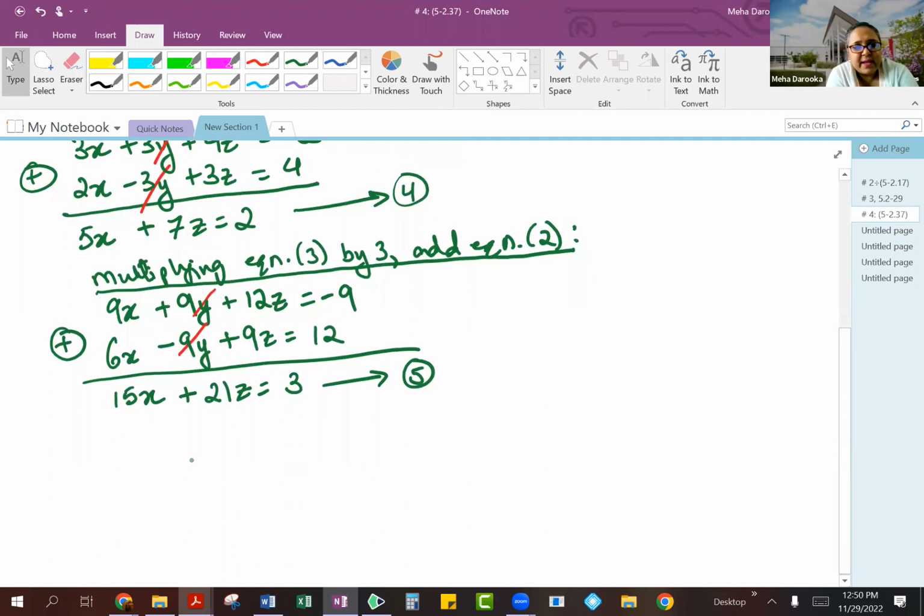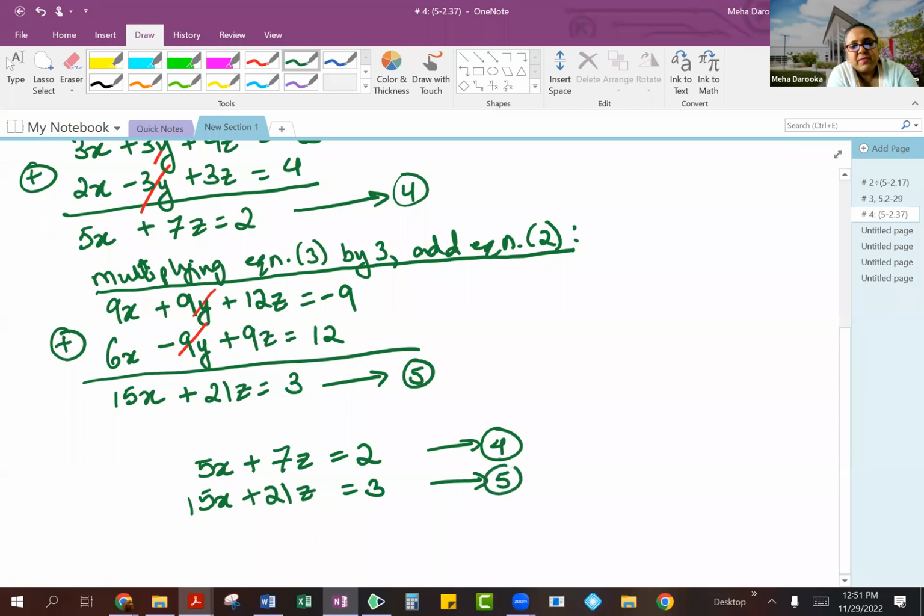So now let's see what this comes out to be. 5x + 7z = 2. This is equation 4. And then we had 15x + 21z = 3. This will be equation 5.